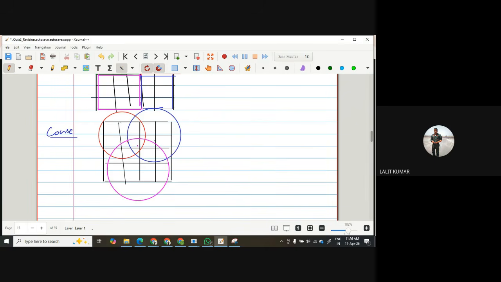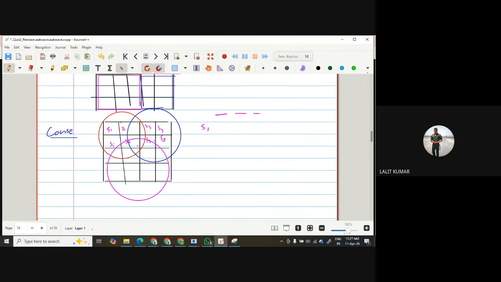Now when we represent this, for example, this is S1, S2, S3, S4, S5, S6, S7, S8. Every state can be represented with three values, since we have three circles.